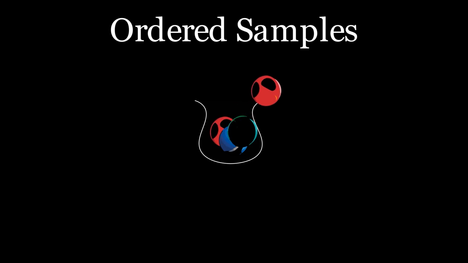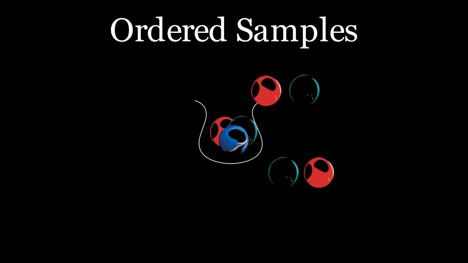Next, let's see what ordered samples are. Ordered samples are those samples where the order in which the elements are chosen matters. For example, let's say we are taking 2 balls from the jar. If we choose the red ball first and then the green ball, it is a different outcome from choosing the green ball first and then the red ball.